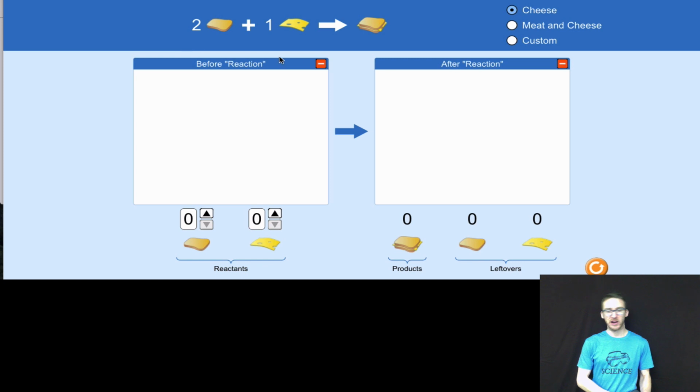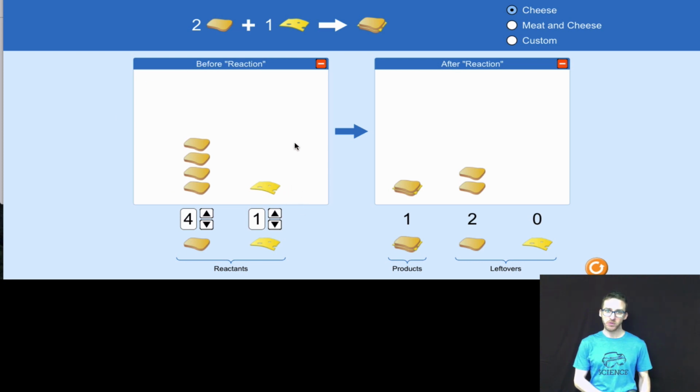If you take a look at our chemical equation that represents the creation of a sandwich, we need 2 slices of bread and 1 slice of cheese to make 1 sandwich. So what this video is all about is, what happens if I start with, say, 4 slices of bread and 1 slice of cheese?